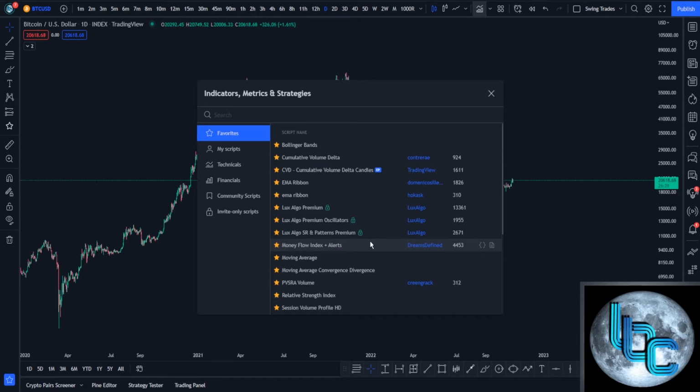Play with it. Check it out. Go into the settings and see what all is in it. You'll never know what you find inside these indicators, and you can tweak things so many different ways that can benefit you greatly and give you sometimes that extra edge in your trading.